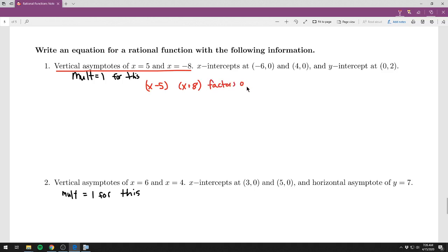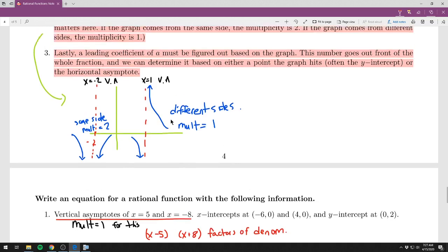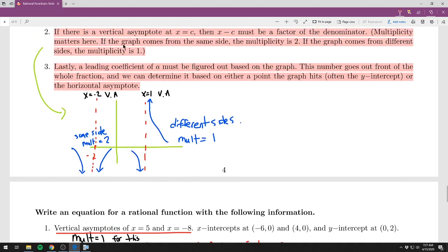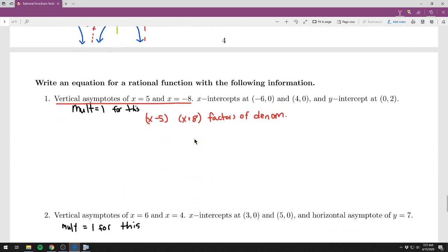And they're factors of the denominator because they are vertical asymptotes. All right, so remember, if a vertical asymptote is at x equals c, then x minus c must be a factor of the denominator. All right, we're assuming the multiplicity is 1. We could write that 1 in here if you want, but those are factors of the denominator.